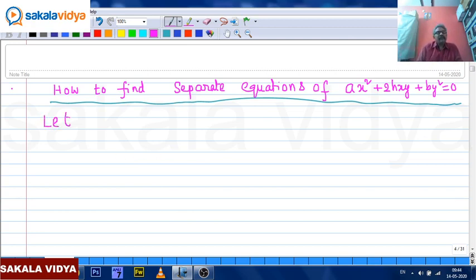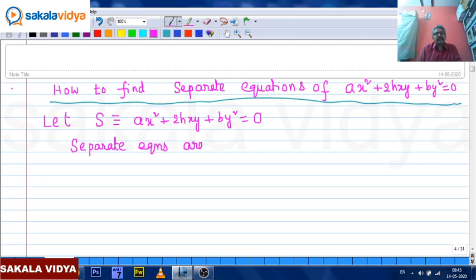Factorization means, let us say S is equal to ax square plus 2hxy plus by square is equal to 0. Now the separate equations are ax plus h plus root of h square minus ab of y equals to 0, equation 1.